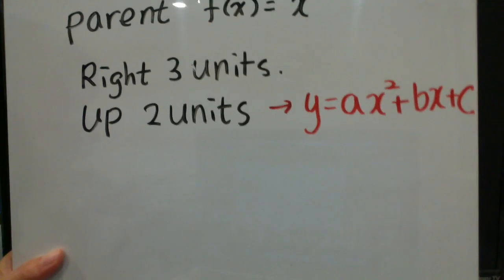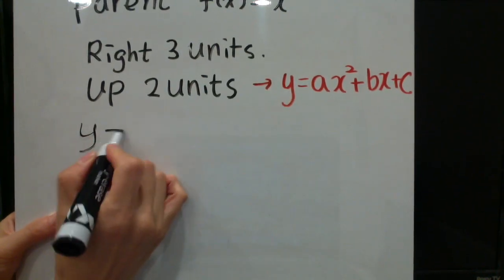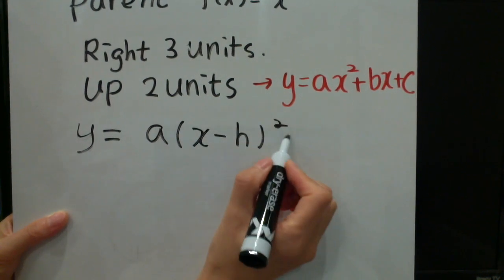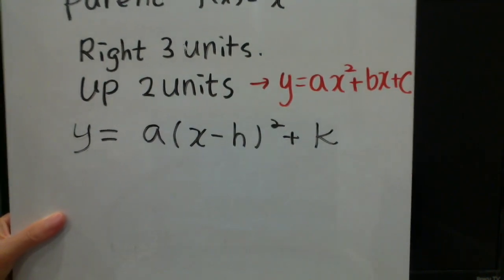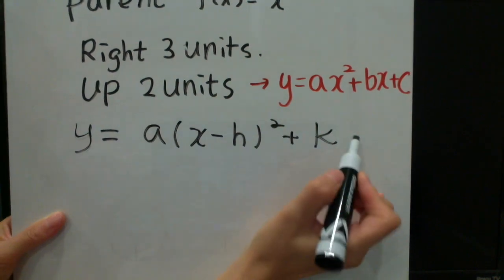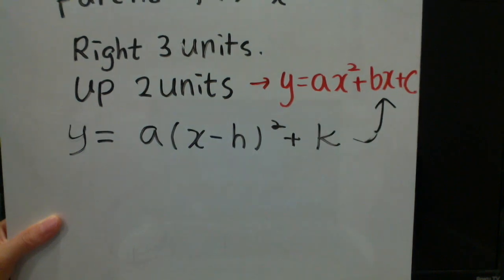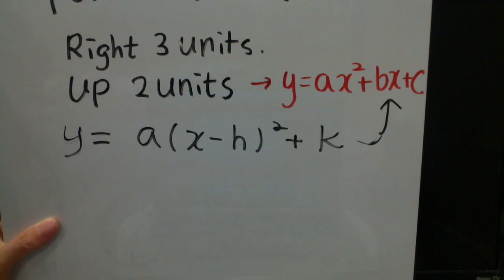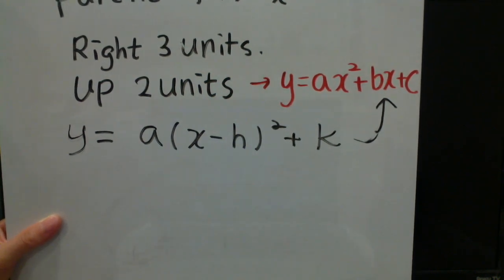What was the vertex form? So we need to find the vertex first, and then we will change to this format, right? This function and this function are the same thing, but they just have a different look. The outside look is different, but actually they are the same function, right? Okay, so let's figure it out.